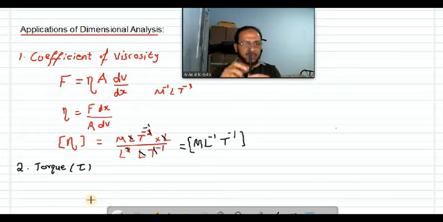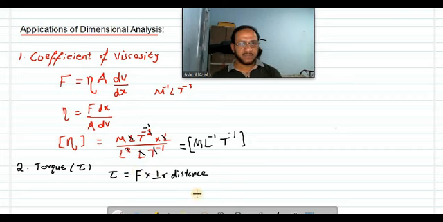So you got the equation. What is torque equal to? Tau is equal to force into the perpendicular distance between the lines of action of the two forces. Now you can find out the dimension. ML square T raised to minus 2. Correct? Yes, because the dimension of force is MLT raised to minus 2, mass into acceleration.